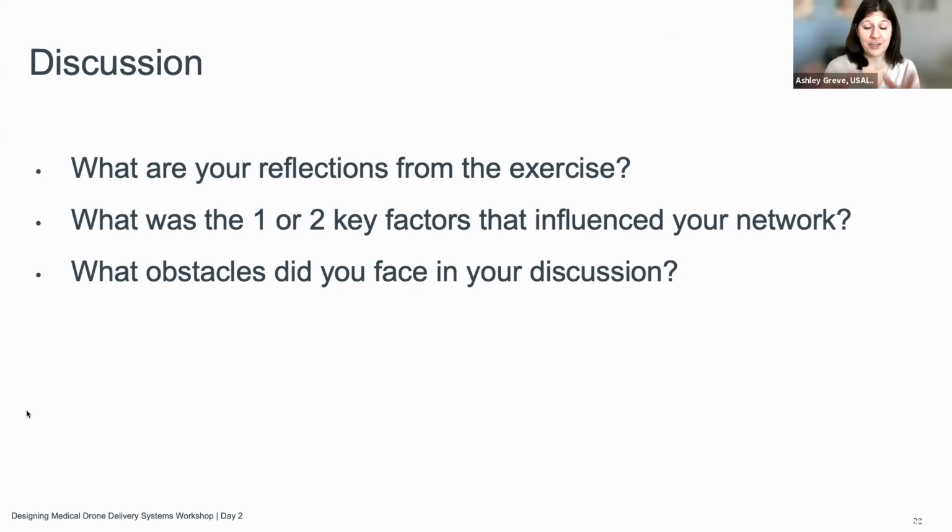I would love to hear more from my group, so I will prompt them to say that there were several points at which we found ourselves wanting additional information, knowing that realistically you would hopefully be able to visit each of these sites. You would need to speak to pharmacists, to the supply chain managers, to the health service delivery point workers, and you'd get a lot more information that way.